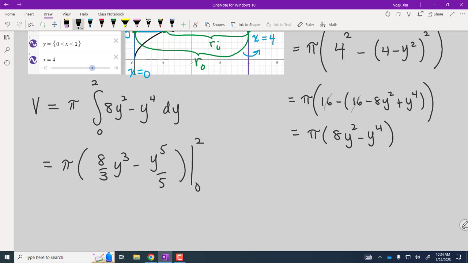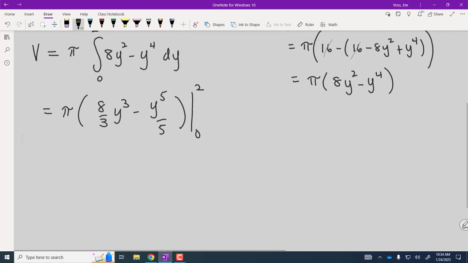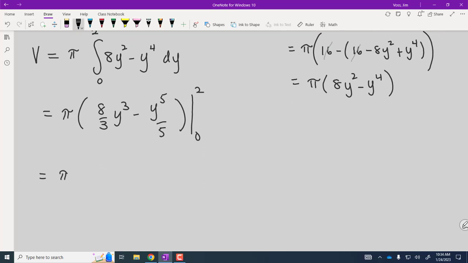We just have to add those together. Plugging in 2, we get 2 cubed is 8, so we get 64 divided by 3, 32 divided by 5, and then subtracting out 0.